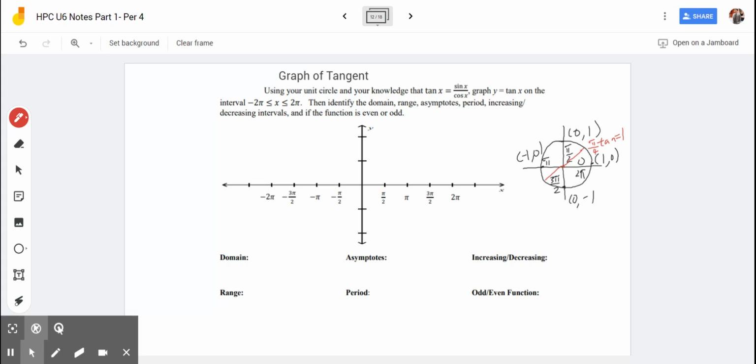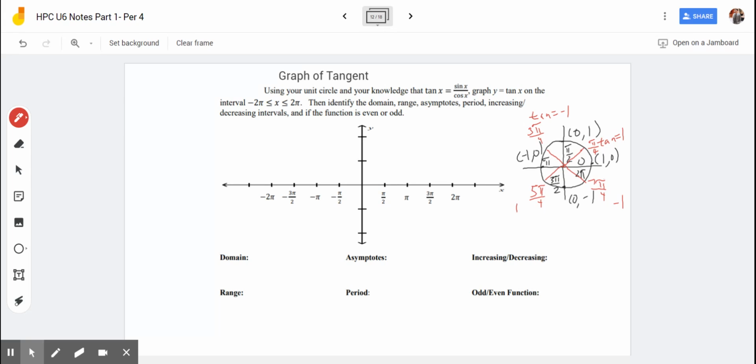So this would be at 5 pi over 4. We would also have that tangent is 1. And then conversely, in quadrants 2 and 4, at 3 pi over 4 and 7 pi over 4, we know that tangent is equal to negative 1 here.